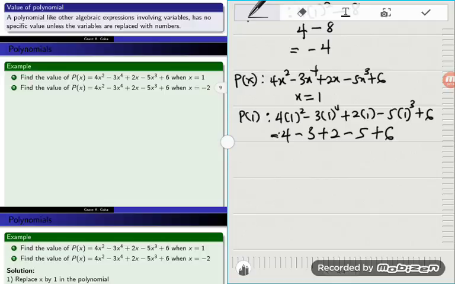Then plus 6. Now if we simplify this, we'll get positive 4. So the value of the polynomial p of x at x is equal to 1 is 4.